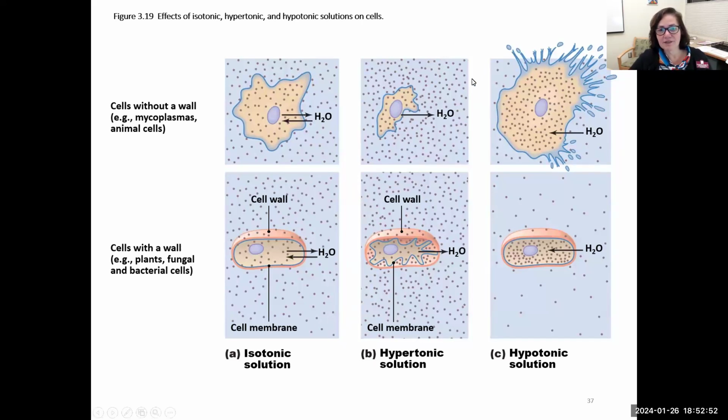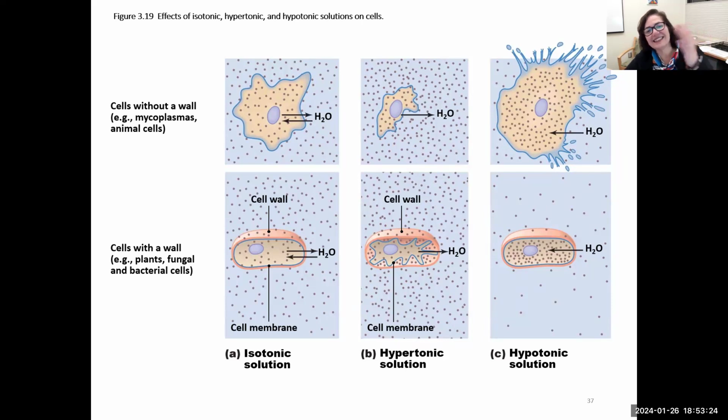If very highly concentrated solutes are introduced into the body, that draws water out of the cells and dehydrates the cells. When the solution on the outside of the cell is more concentrated than what's on the inside, this is referred to as hypertonic. Hyper meaning higher, tonic concentration. And so that causes cells to shrivel down.